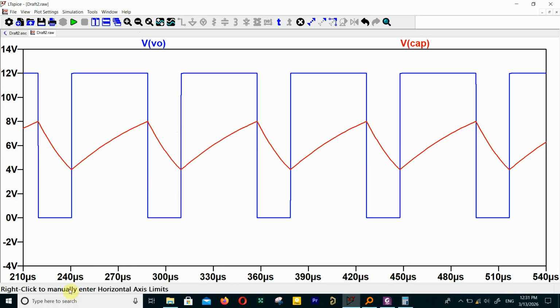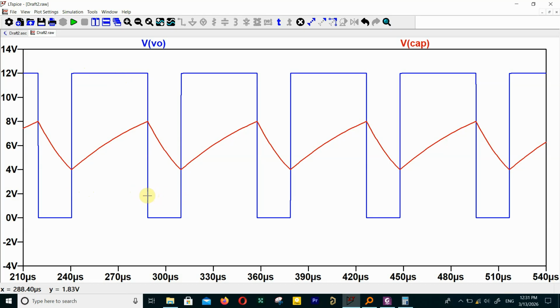Look at this one here. For example, this one is 240 microseconds, and here is 288, which is a total of 48 microseconds of on time, or charging time of the capacitor, or for the output.